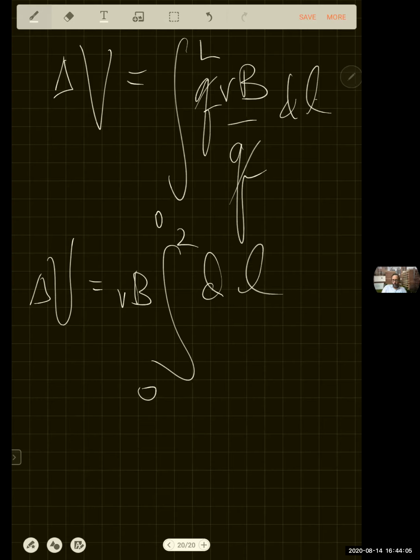So we have the integral from 0 to L of dL, the full length of the rod. In other words, what does all this mean?